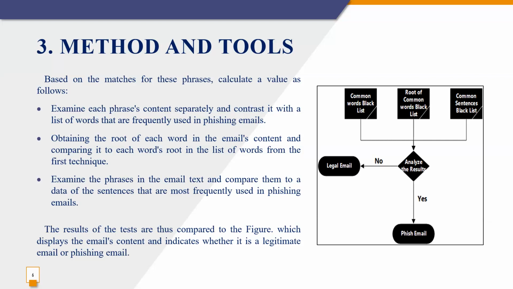Number three, examine the phrases in the email text and compare them to a dataset of the sentences that are most frequently used in phishing emails. The result of the test is compared to the figure, which displays the email's content and indicates whether it is a legitimate email or a phishing email.